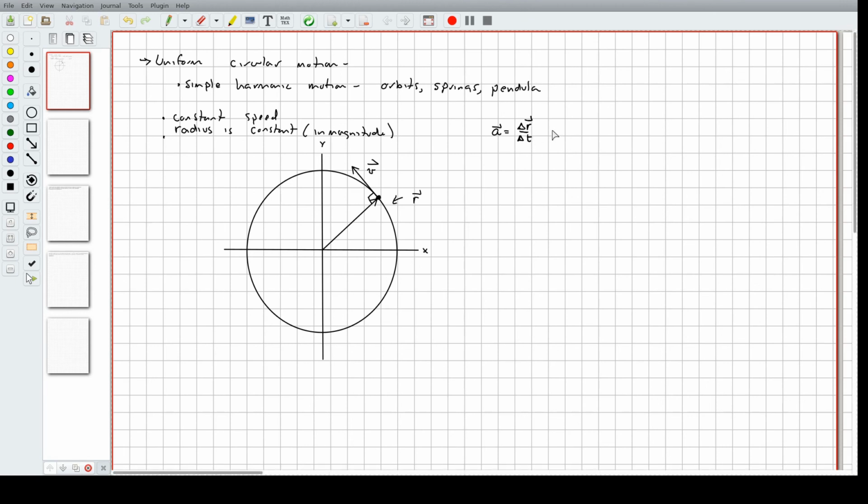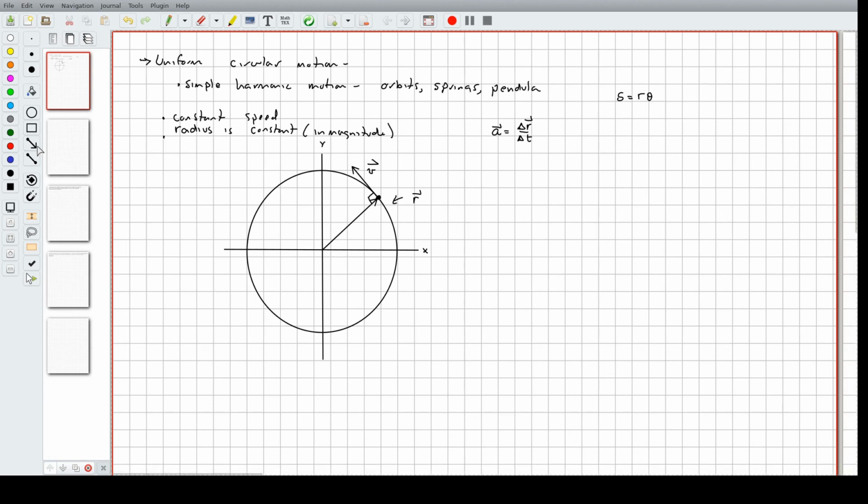Okay, remember, it's a derivative. Keeping this in mind, and also the following relationship from trig: the length of an arc along a circle is equal to the radius of the circle times the angle that's swept out, we're going to derive a relationship for acceleration in this particular case.